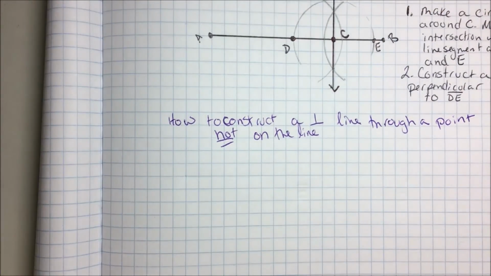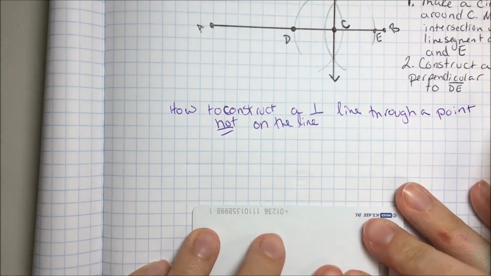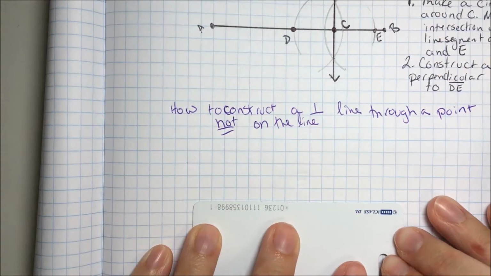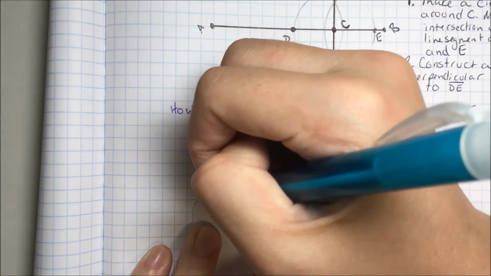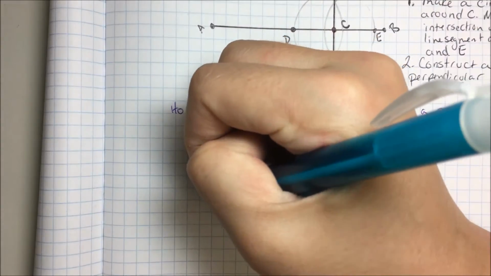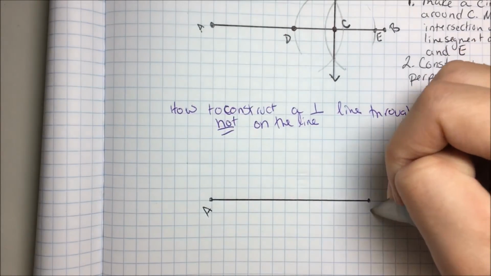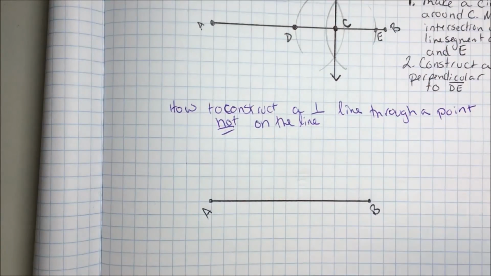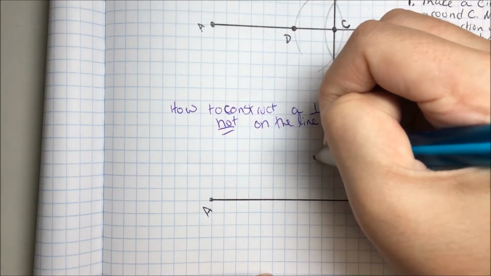Okay, so I'm going to start again by drawing a line segment and leaving some space in between that purple writing and my line segment. Okay, and I want to make a line through C again.